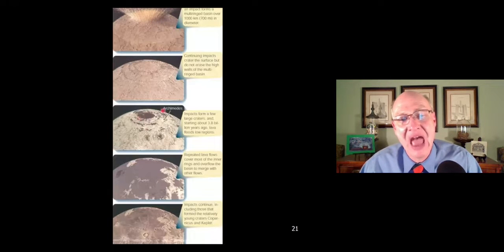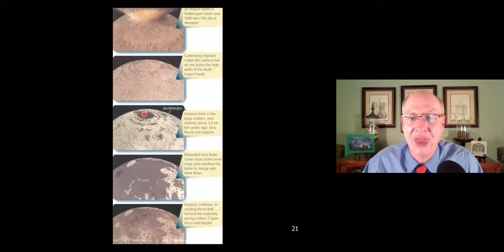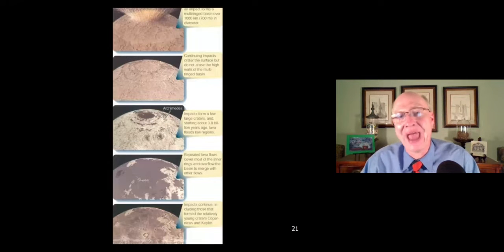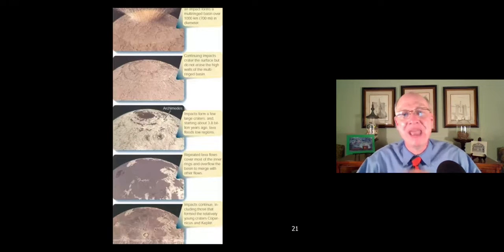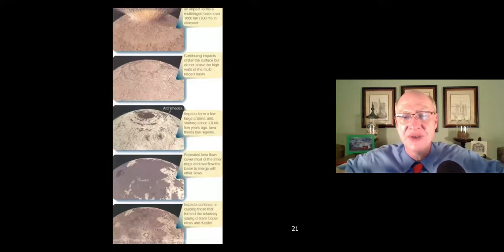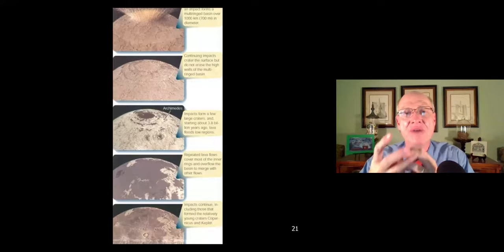But here's the thing. A crater, Archimedes, was created on the surface of this basin before the lava flowed. And as I said, these craters don't happen very often, so it's likely that the lava didn't flow into the basin until many, many millions of years, tens or hundreds of millions of years after the basin was created. The basin is made, it solidifies, and then later the lava flowed up.